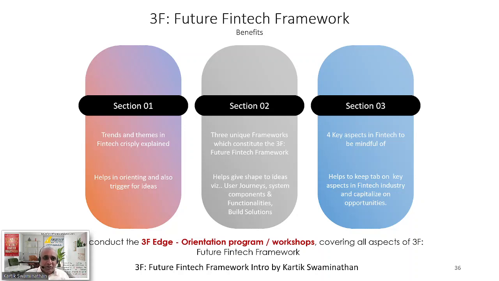So that's section 2. In section 3 we covered 4 key aspects which are part of fintech and digital, and for that matter most industries will track these 4 aspects to keep tabs on certain key things. What are those 4 things? The first is the players, the existing and emerging players.